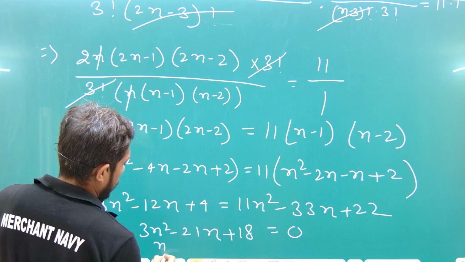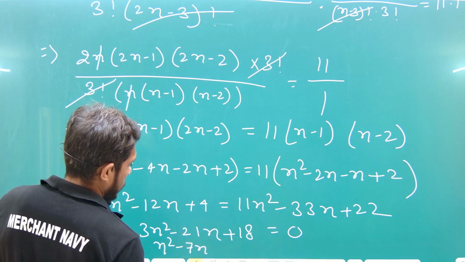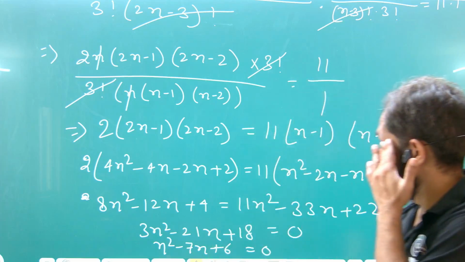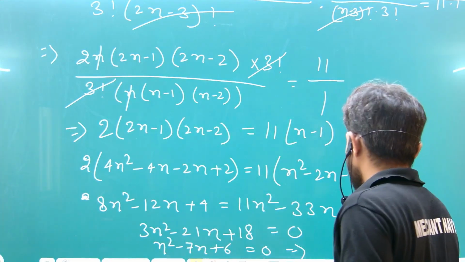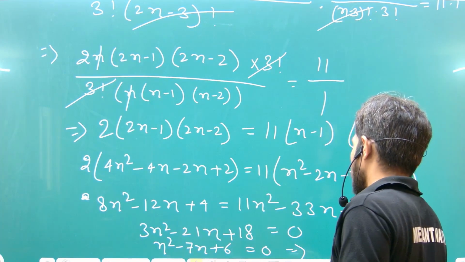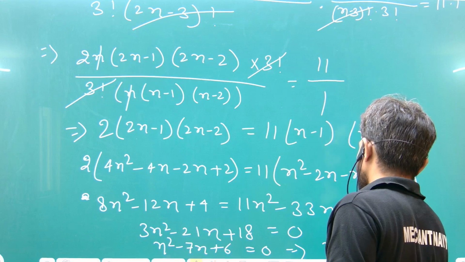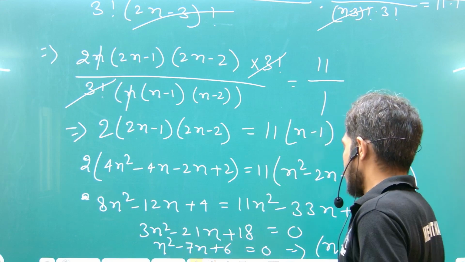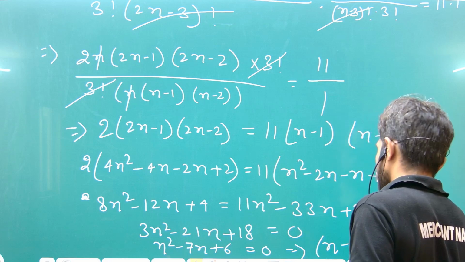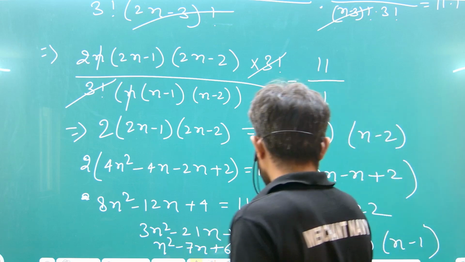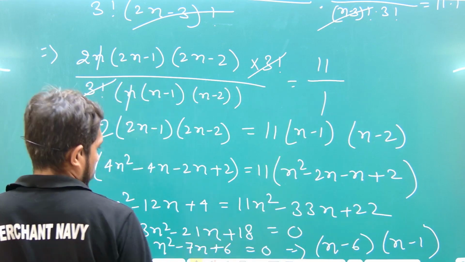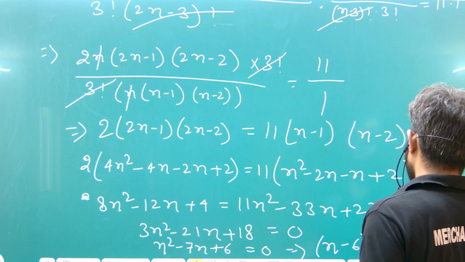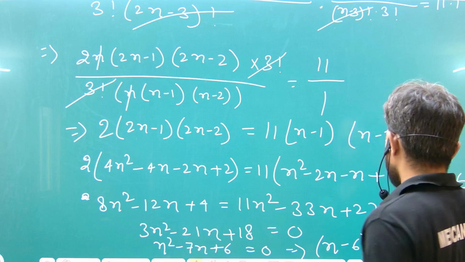On solving this you get n square minus 7n plus 6 equals 0. This factorizes as n minus 6 and n minus 1. Is it right? On putting the value of possibility, you will get n equal to 6.